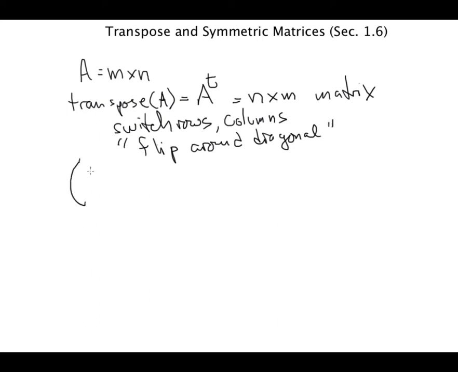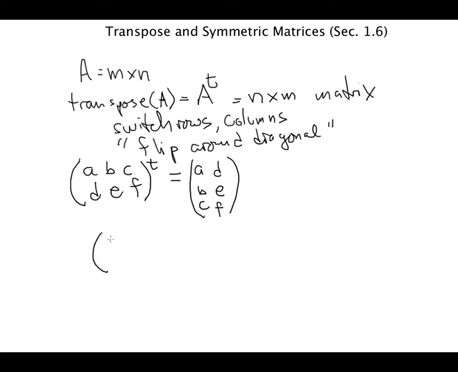So, for example, if you have the matrix A, B, C, D, E, F, its transpose is a 3 by 2 matrix whose first column is A, B, C and whose second column is D, E, F. And of particular importance, of course, are square matrices.